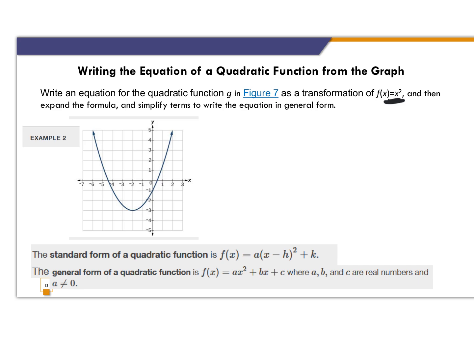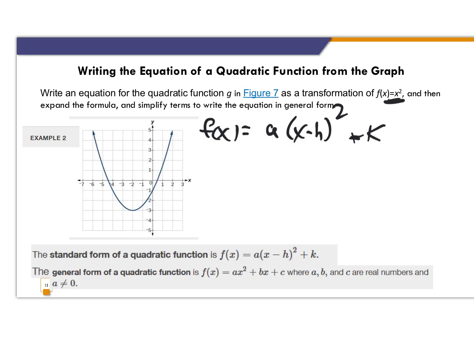And so standard form, let me remind you, is f of x equals some number. I know it'll be positive because it opens up, so a times x minus h all squared plus k. The minus goes inside the parenthesis because it does the opposite, left and right. If h was positive, we'd be going right.